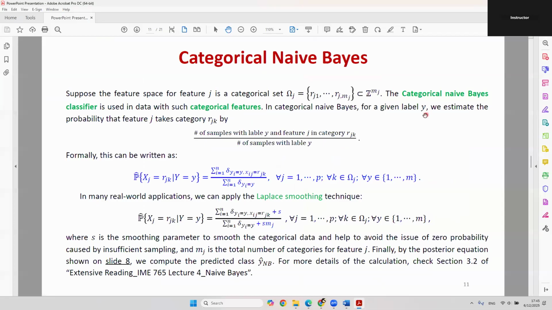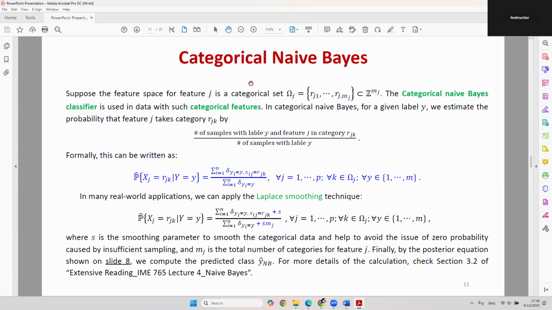Okay, so the second category we're going to talk about is called categorical features. We use this one when, for each feature j, it's a discrete set. For example, suppose gender is a feature space instead of the label.